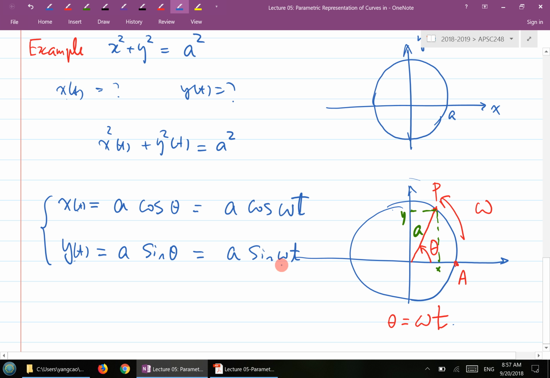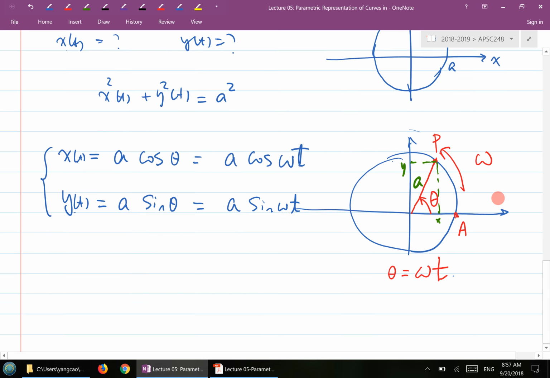They look different, but when you substitute back into the curve, it's still the same curve. It just has a different parametric equation, or represents a different type of motion, a different angular velocity.